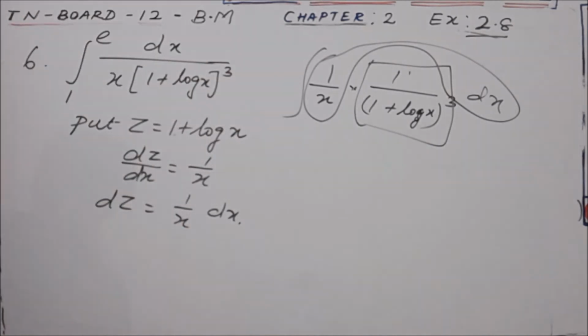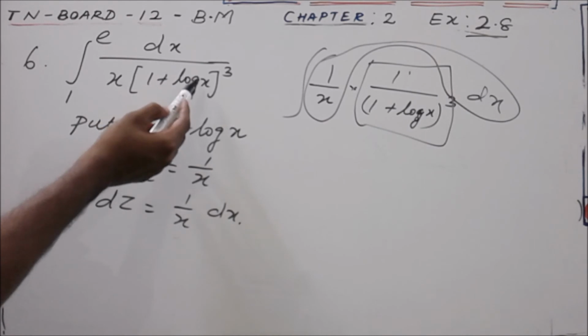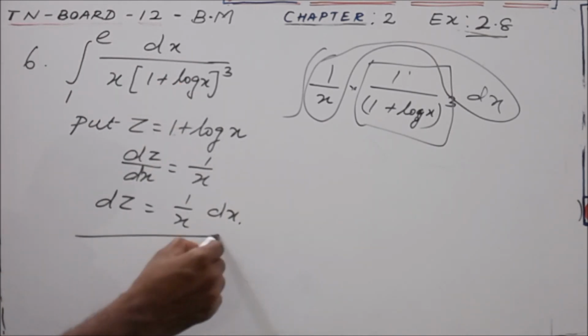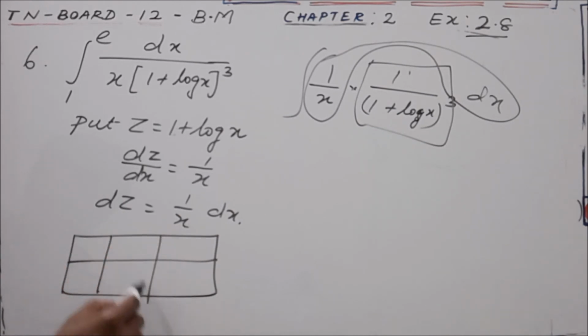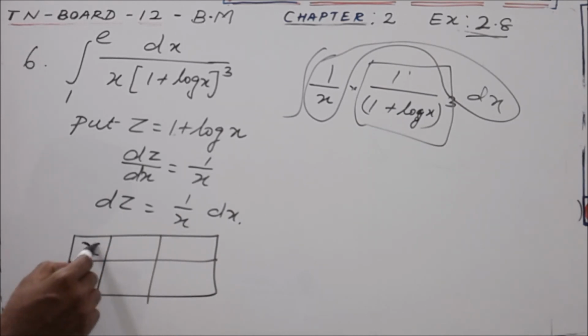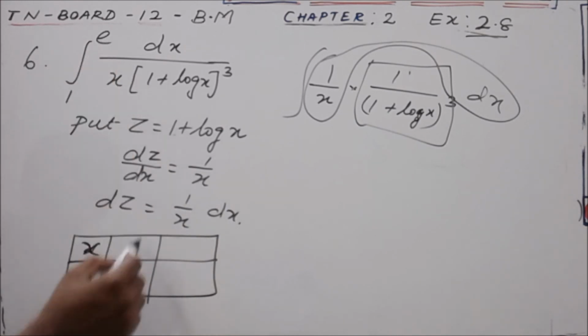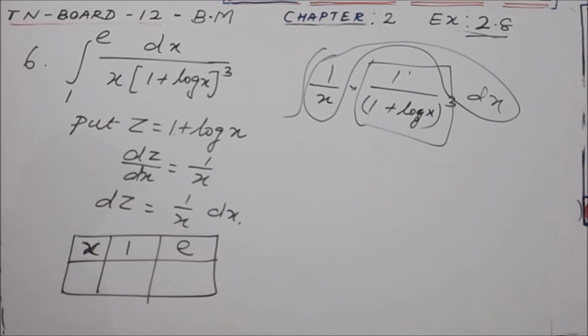Substituting in the function, we are changing the variable x to z. Now we should change the limits accordingly. When the function is in variable x, the limits are 1 and e.